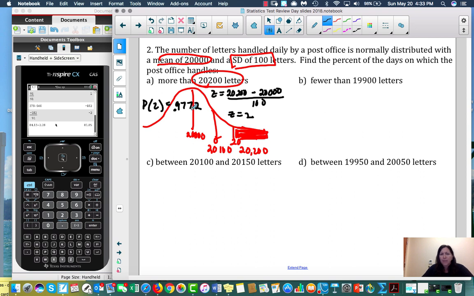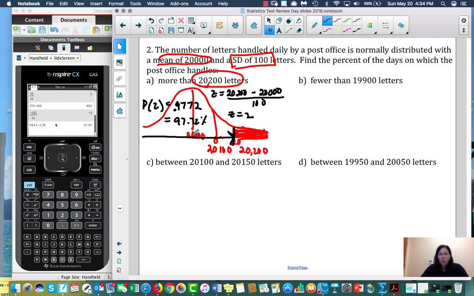Okay, and because that's 97%, what you need to be aware of is the data that you have. What I just found was 97% of my data, which is not this little tiny part here. 97% of my data is from here to here.